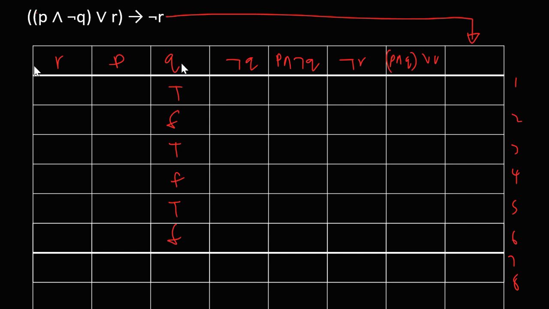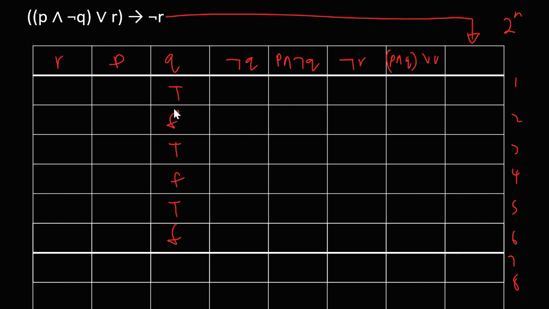There are 3 variables. To get the number of rows, I say 2 to the power of the number of variables here. So 2 to the power 3 is 8. That's why I got 8.